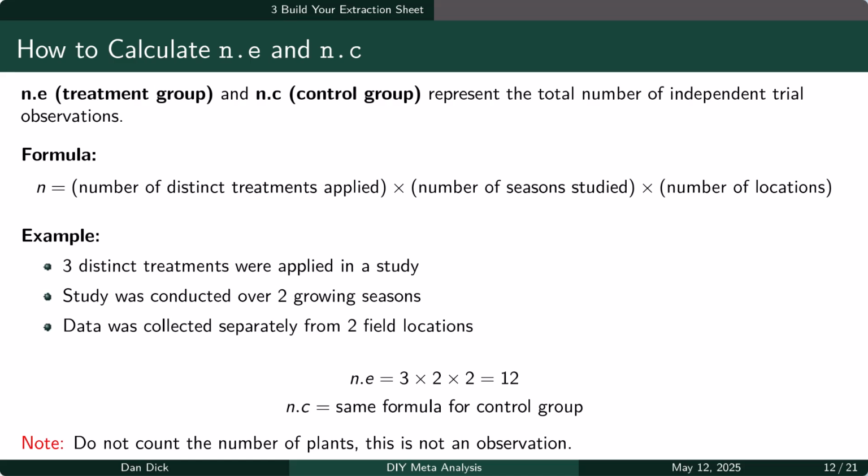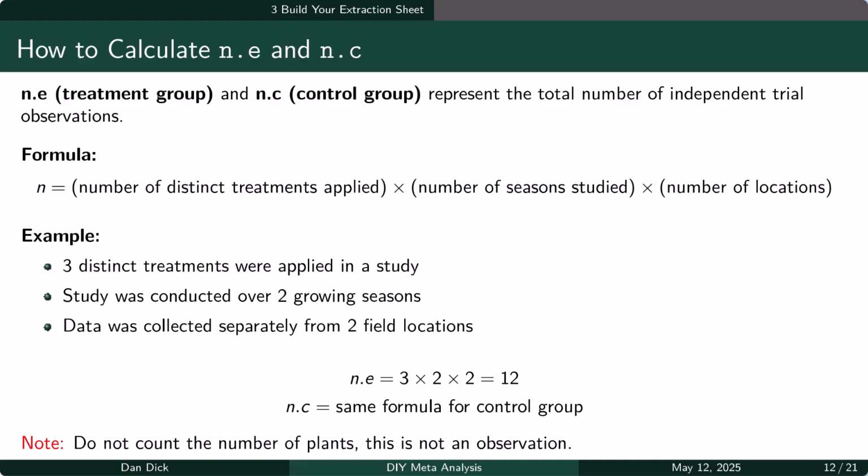An example would be if you have 3 treatments applied in a study, conducted over 2 growing seasons, and data was collected from 2 different field locations, and all of those were put down as separate means in the paper, then we would multiply each of those together. So it would be 3 times 2 times 2, which equals 12 observations.